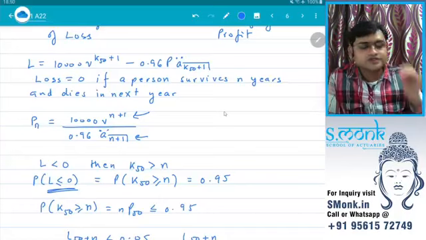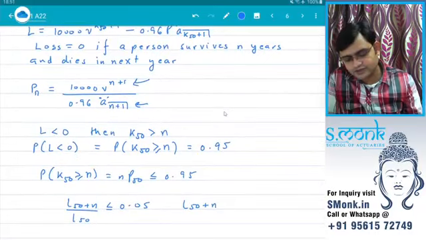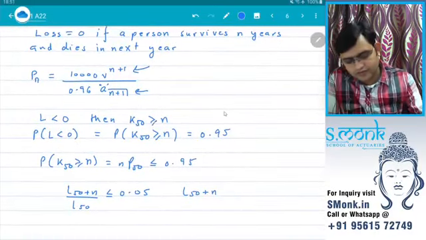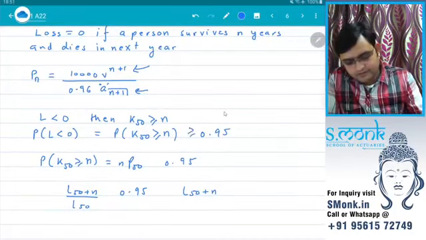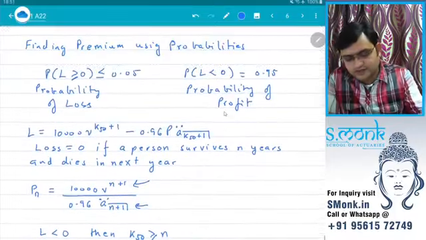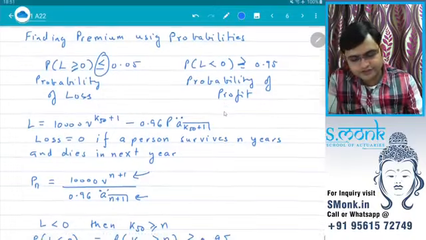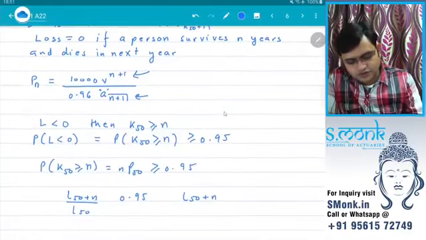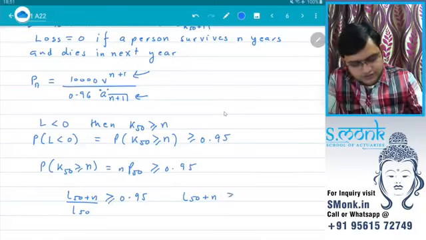Loss is less than 0 just means we are talking about profit, so we are talking about profit in this particular case. Actually, this will just become greater than, because we want loss to be less than or equal to 5%. So profit would be greater than or equal to 95%, right? So this is what we are looking for, greater or equal to. So this should be greater or equal to 0.95 of L50.